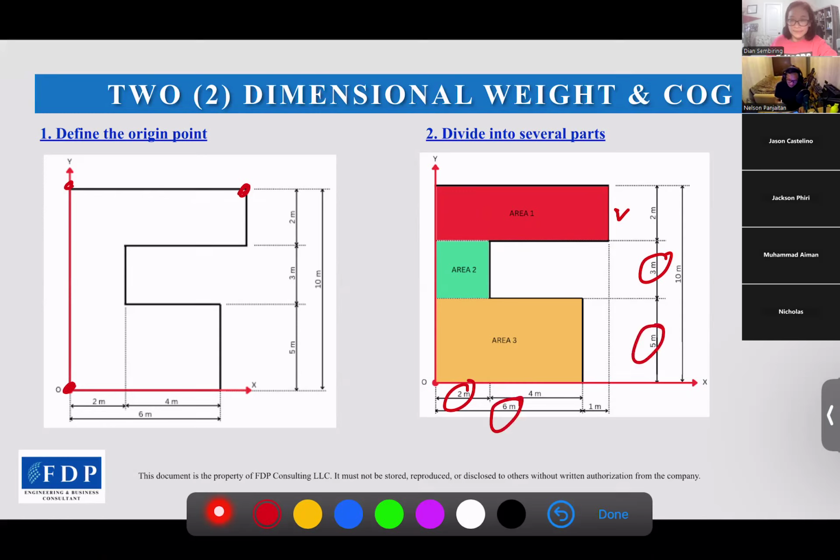It's also free for you to choose whatever areas you want. You can choose to divide it like this, so this is area 1, 2, 3, or anything else. So it's free to you.